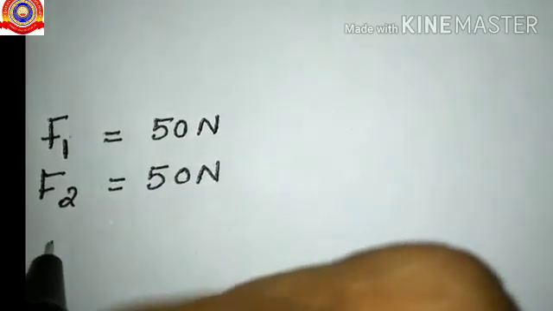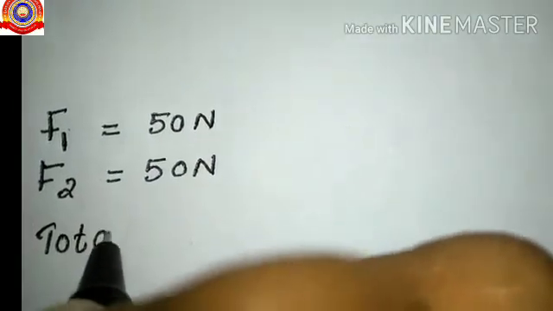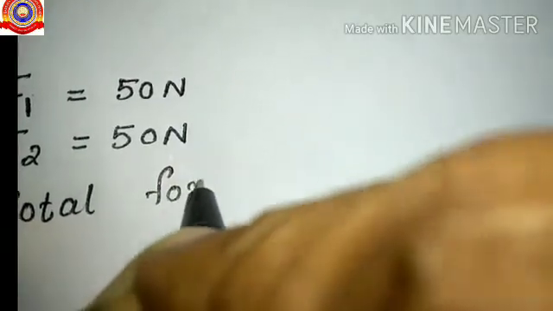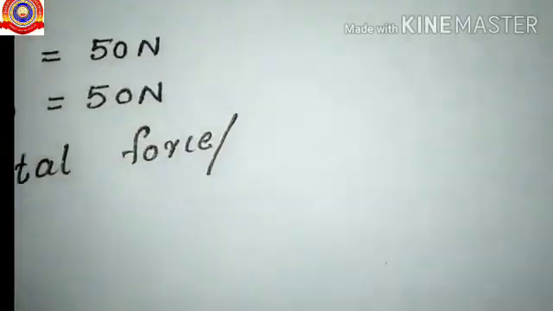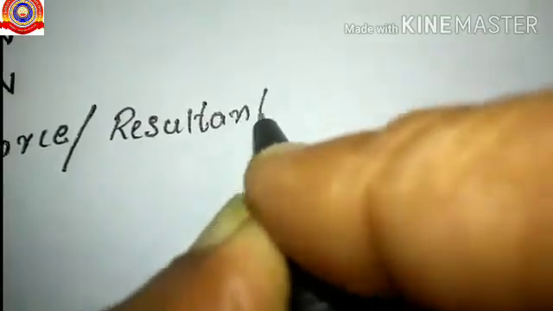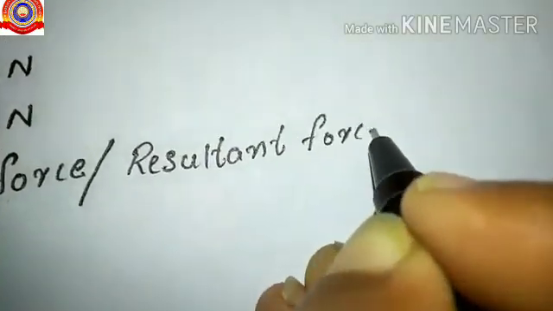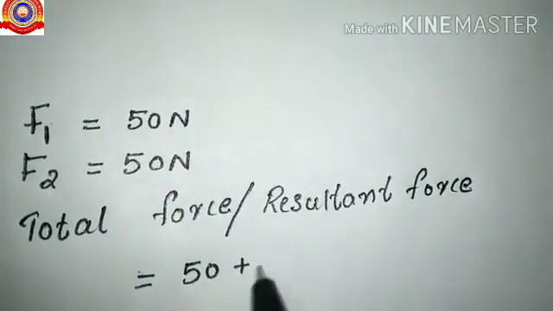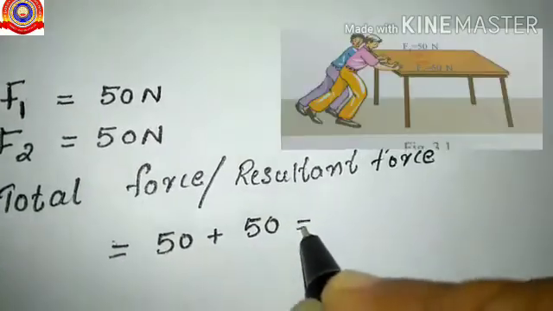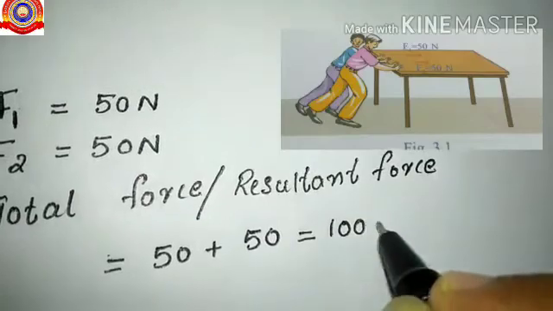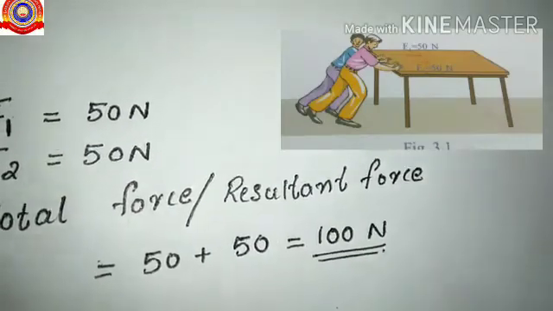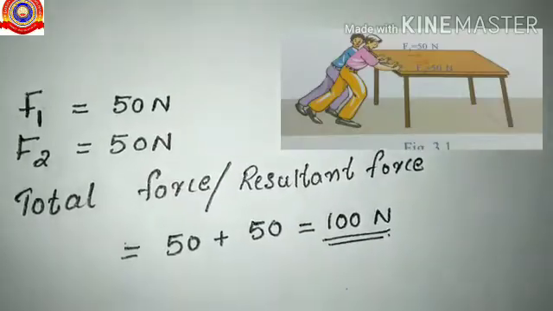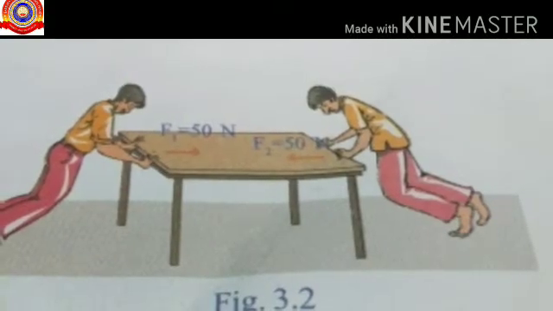Here we are going to find the total force or the resultant force. For finding it, we just add the forces: F1 plus F2, 50 plus 50, that is 100 Newton. Newton is the unit of force. So here the resultant force is 100 Newton.